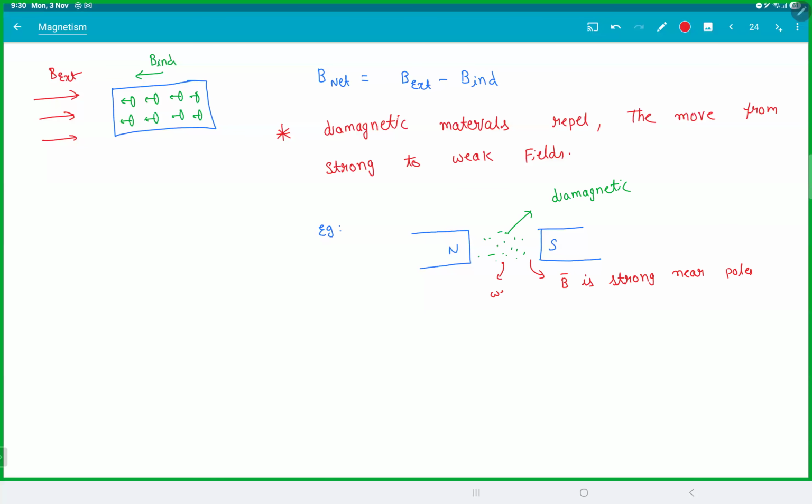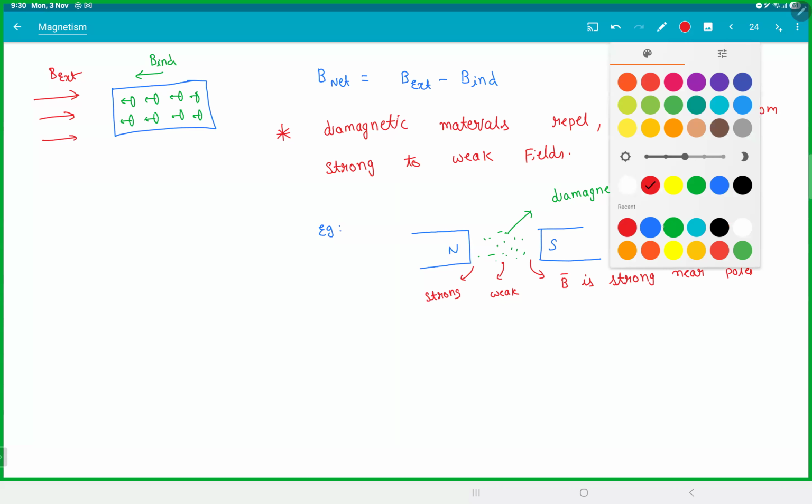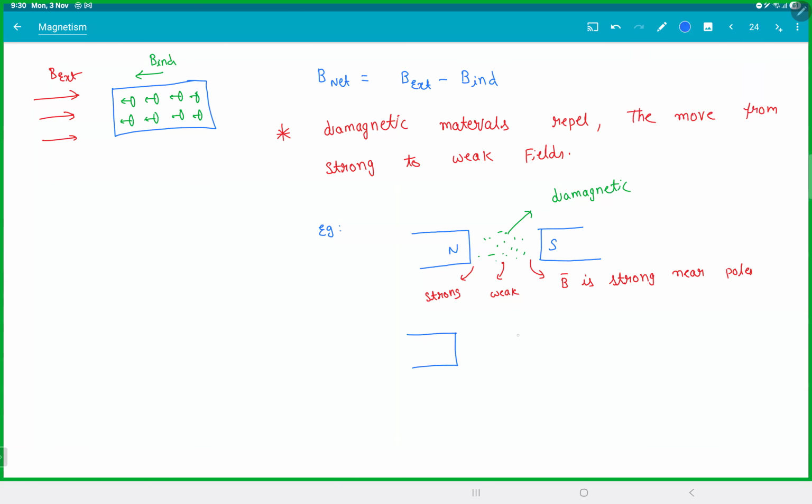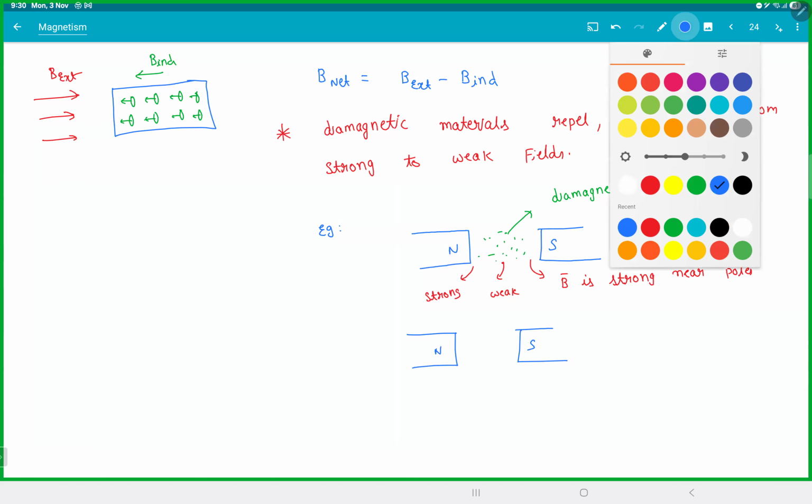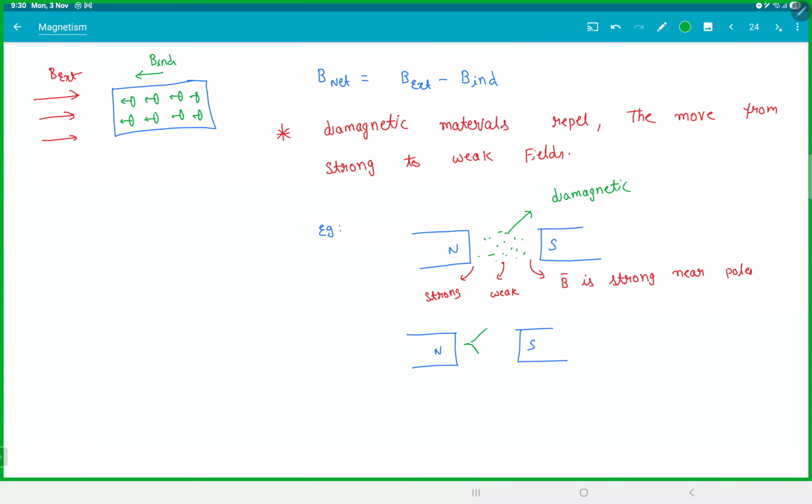In the center it is a little weak compared to the poles. And diamagnetic material gets repelled. So you will see this will actually start piling up in the middle. That is how the material will look.